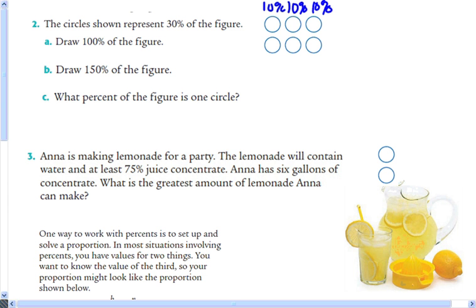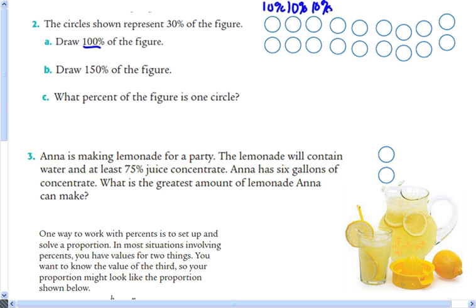So 3 tens makes 30%. So 2 of those is 10%. So if I want 100% of the figure, I need 10% 10 times. That makes 100. So I'm going to add on another 10. Now I have 50%, 60, 70, 80, 90, 100%.